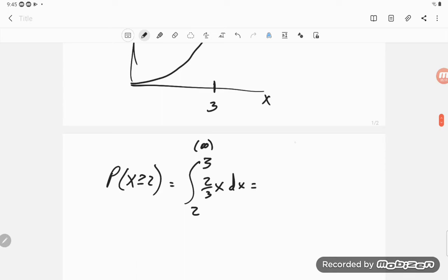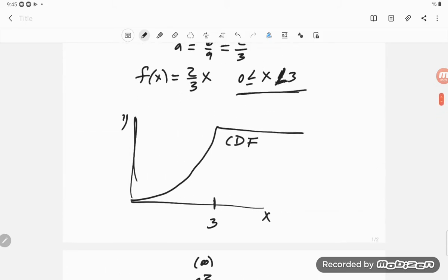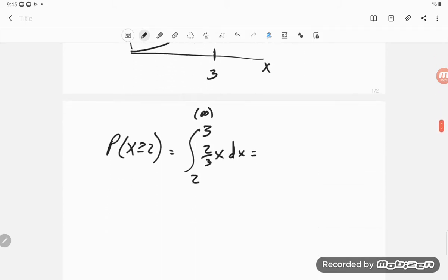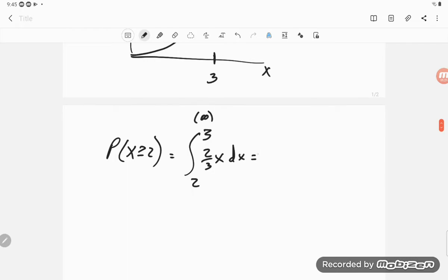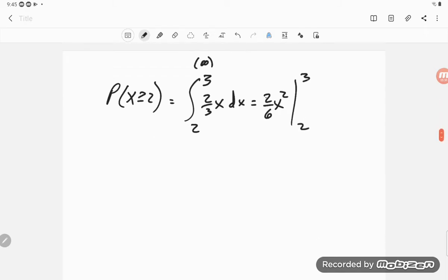And so that is, wait, did I get that? Yeah, 2/3 x, okay. So that is 2/6 x squared, evaluated from 2 to 3. Now, when I enter 3 in here, I better get 1. If not, we'll go back and figure out what I did wrong.